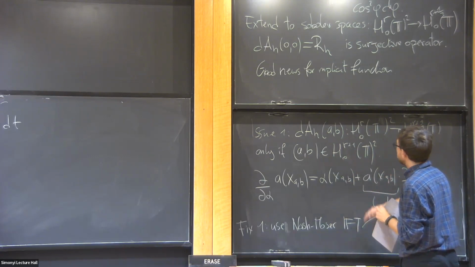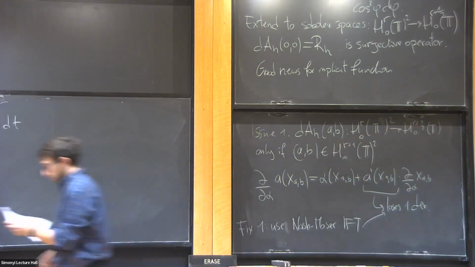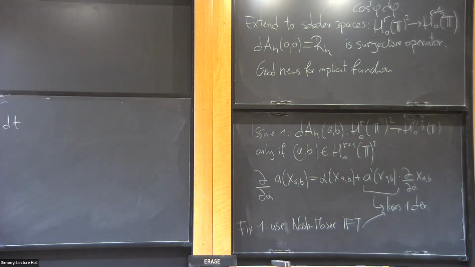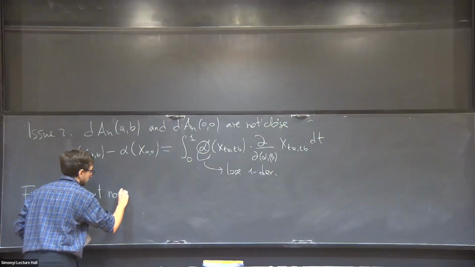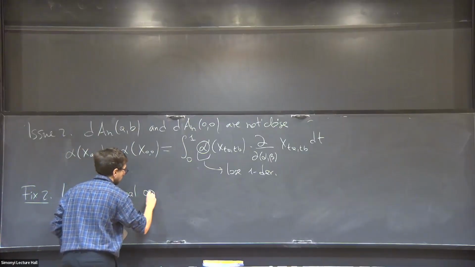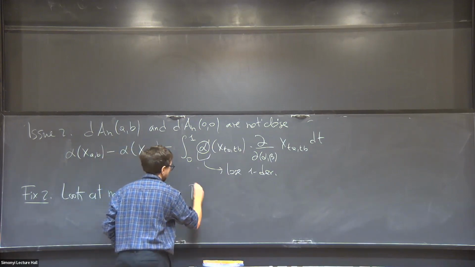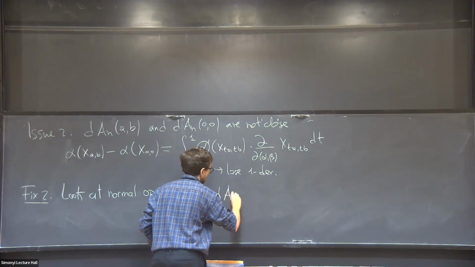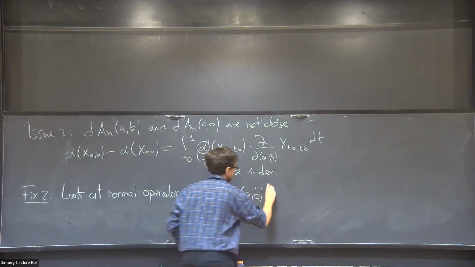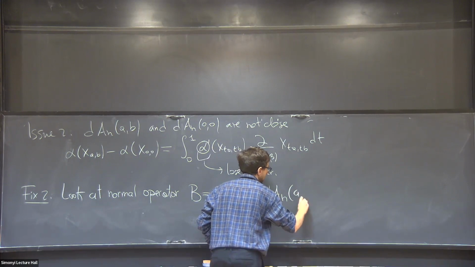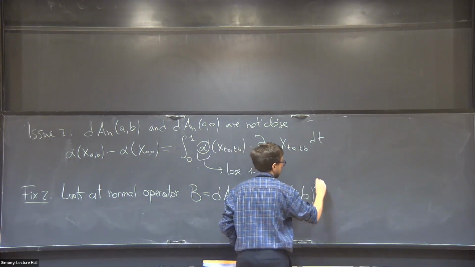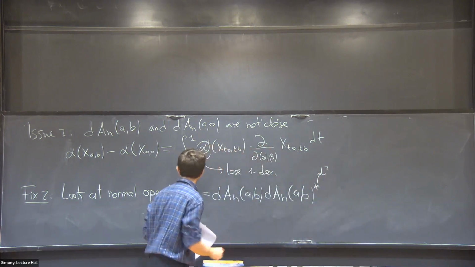And for this, let me just finish with the second fix, which is to look at the so-called normal operator. Instead of looking at this one, you look at AH, AD, BAH, AD star, where this is the L2 adjoint.